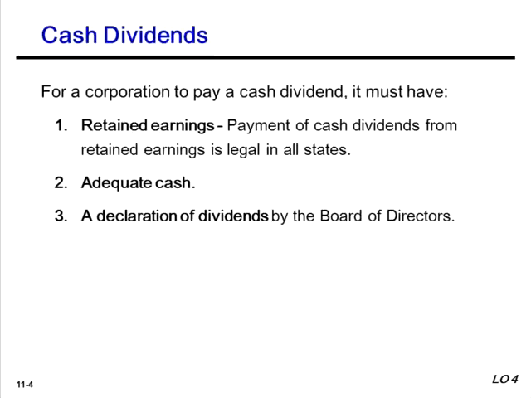So, before the board of directors can make a formal declaration of dividends, they have to check out a few things. First, they have to make sure that there's adequate retained earnings out of which to pay dividends, because remember, dividends is a distribution of earnings. There must be adequate cash if it's going to be a cash dividend.